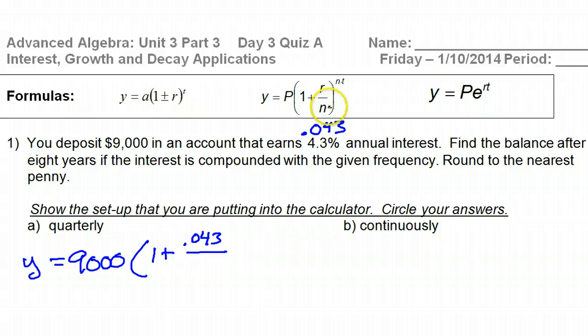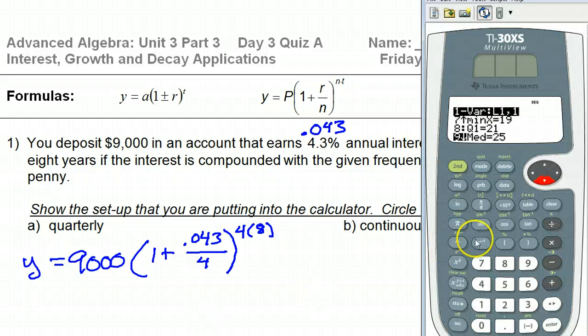For quarterly, N is 4. And then N times T, so that's 4 times 8 years. So that is the setup. We can just put that in our calculator.